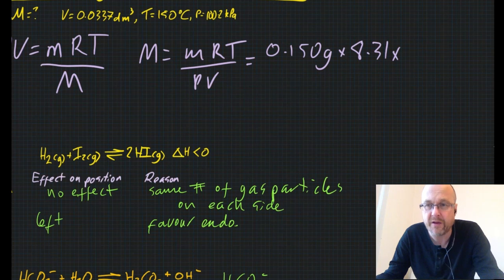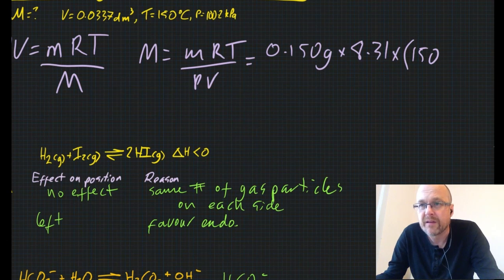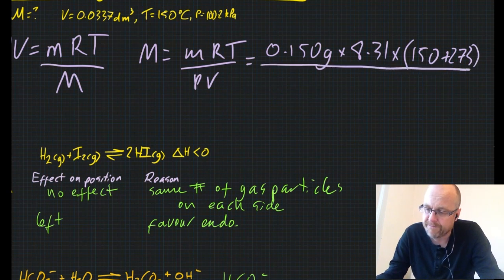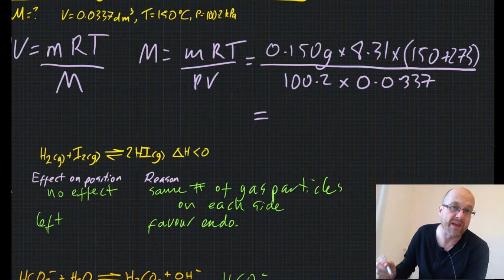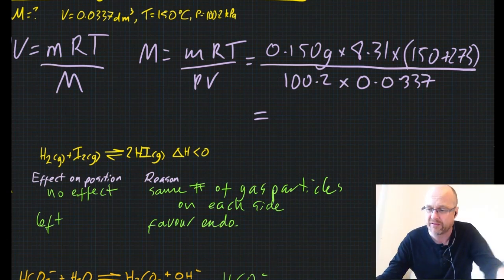The temperature has to be in Kelvin, but they've given it to us in degrees C, so add 273. Pressure has to be in kilopascals, which it is. And the volume has to be in decimeters cubed, which it is. All right, let's just calculate the answer and hope it isn't something crazy, like a negative number or less than 1 or like a million. It's molar mass after all.